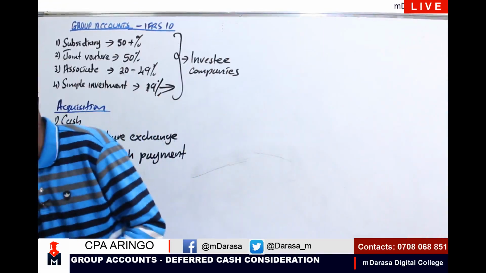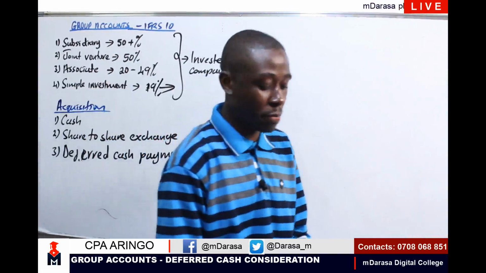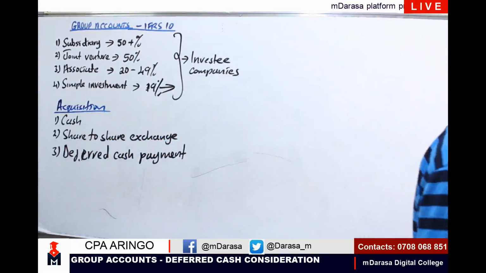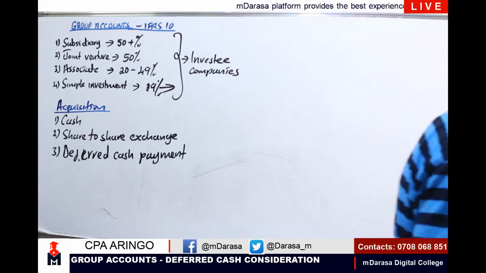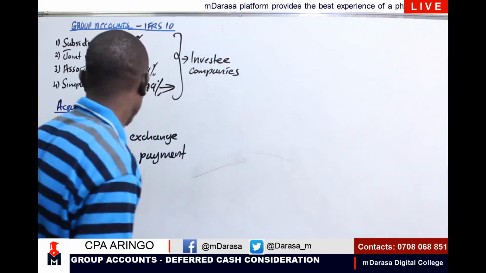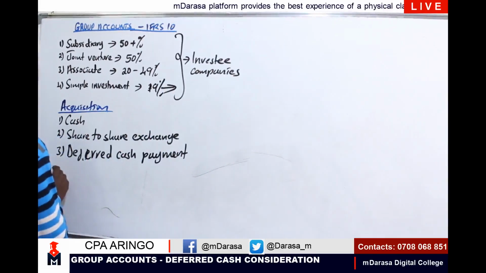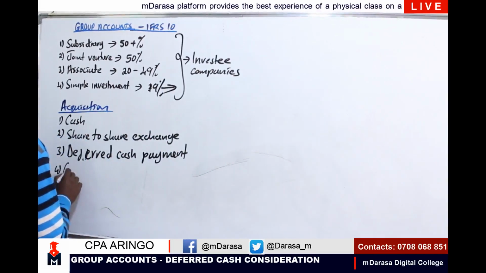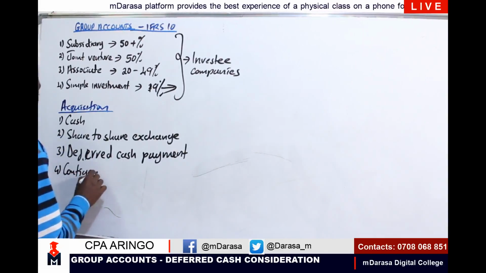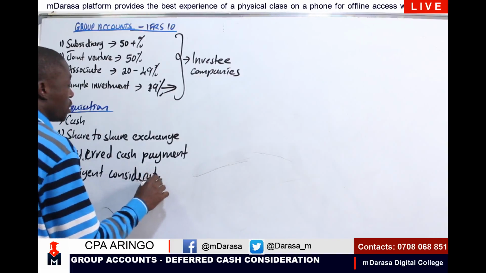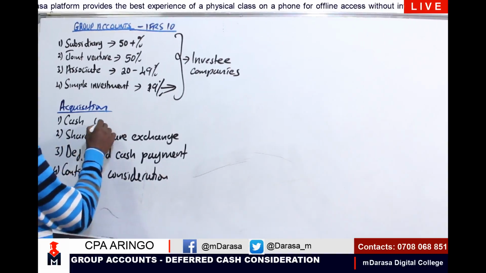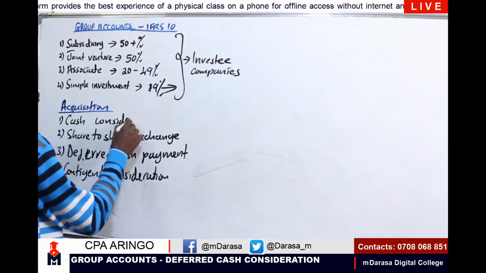Another form of acquisition is number four, contingent consideration.